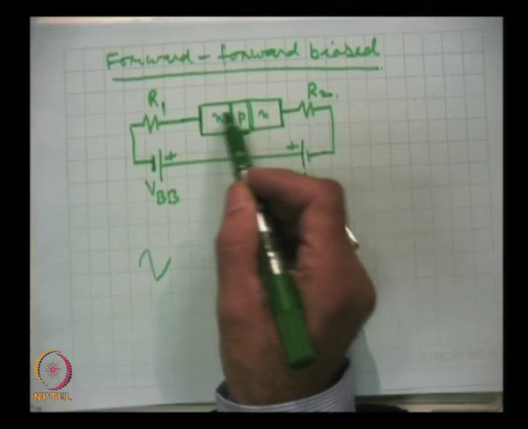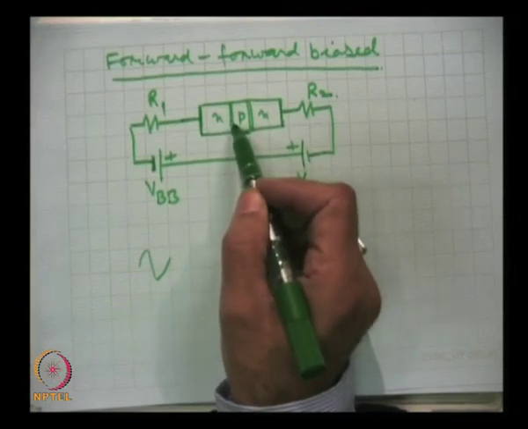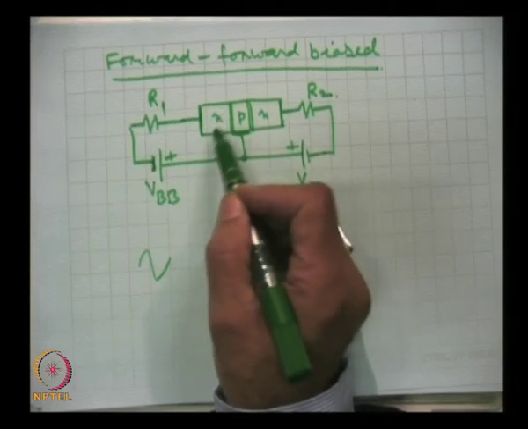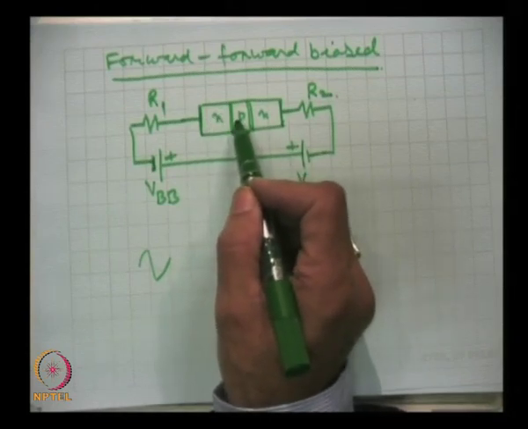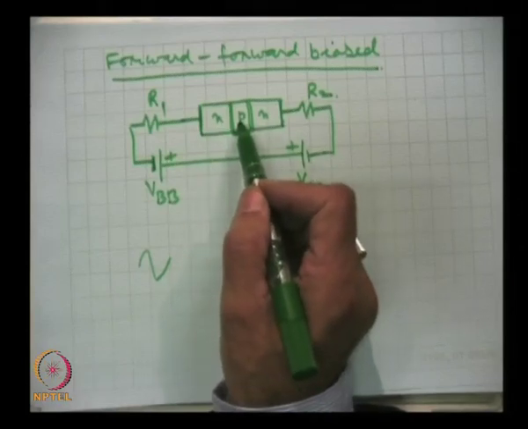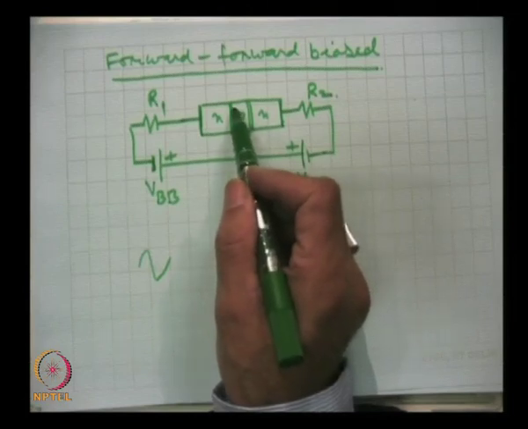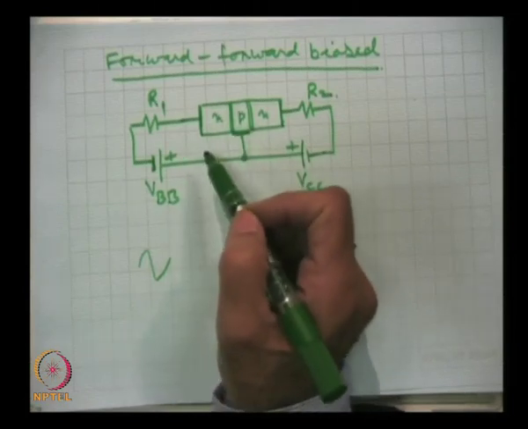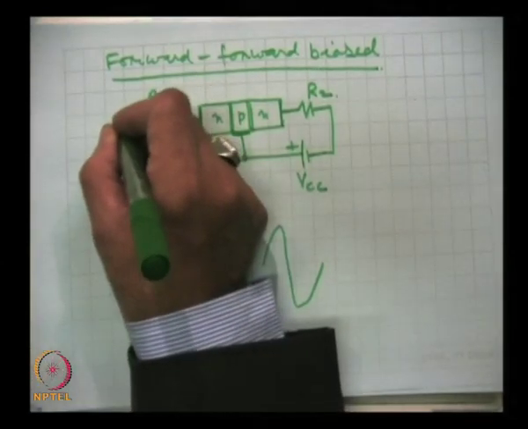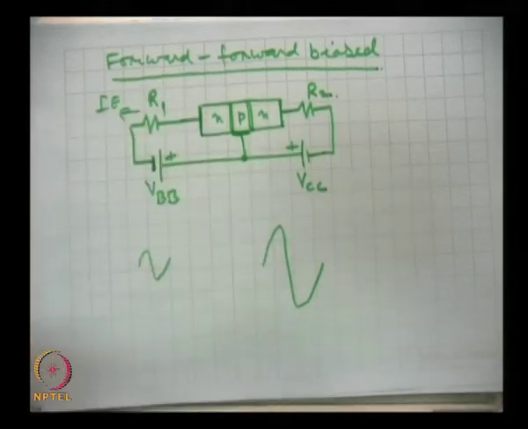The current arises because of the electron diffusion towards the base, and because there is a heavy density of electrons here, this component will be much higher, and to that will be added a small component which arises because of the diffusion of holes. So, this will constitute a heavy current. So, we will observe a heavy current IE.